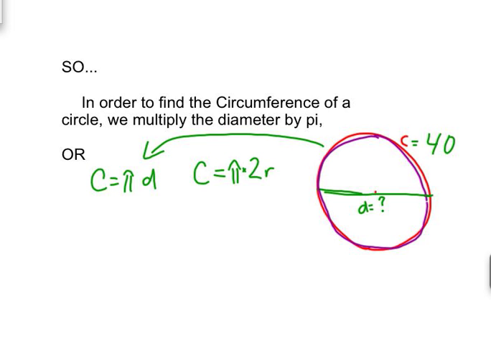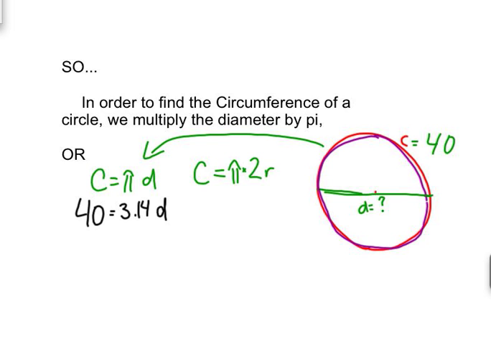We could still use this equation to figure that out. We're just no longer replacing the d with a number, we're replacing the c, or the circumference. So we know that the circumference is 40 centimeters. We know that pi is equal to 3.14, but we don't know what the letter d is, or what that number is yet. So we need to figure that out.